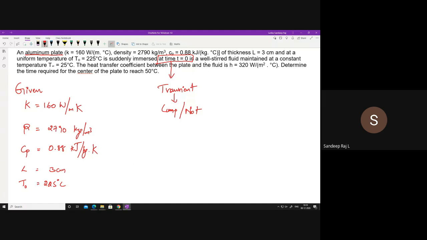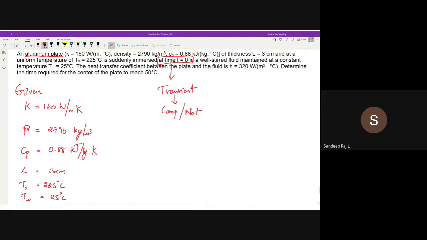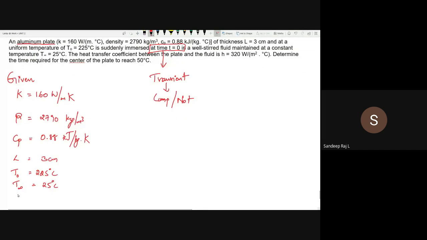And it is in a well-stirred fluid maintained at a constant temperature. See this T infinity, because this is the temperature of the atmosphere or the fluid that is around it. And heat transfer coefficient is also given. The H value is given as 320 watt per meter square Kelvin.